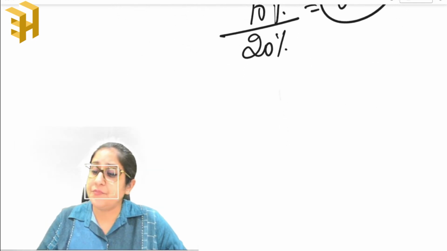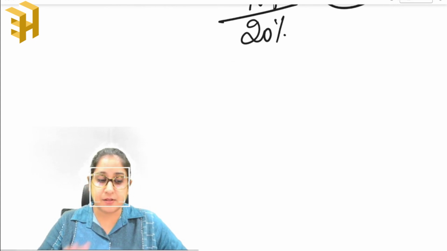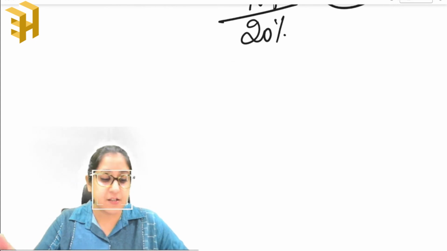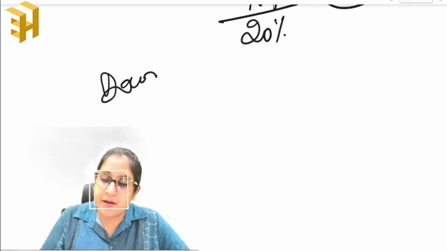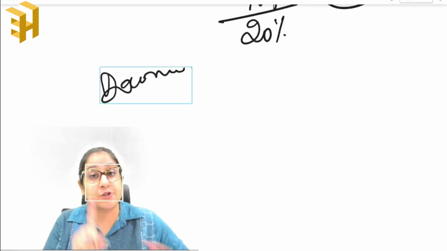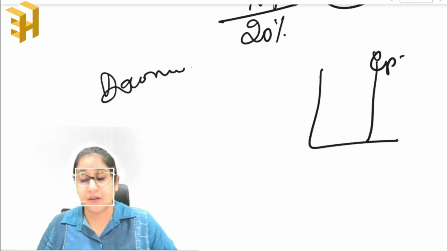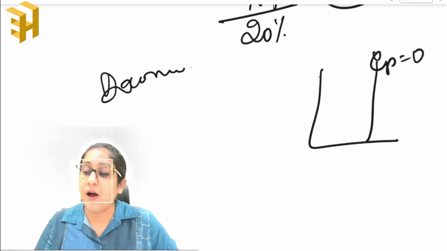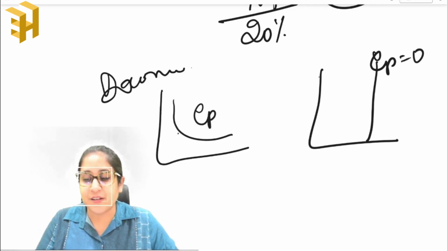Next question. Now, which of the following do not have a uniform elasticity of demand at all points? We know it is your downward sloping demand curve. A horizontal demand curve shows infinity. The vertical demand curve shows 0, and your rectangular hyperbola shows equal to 1.